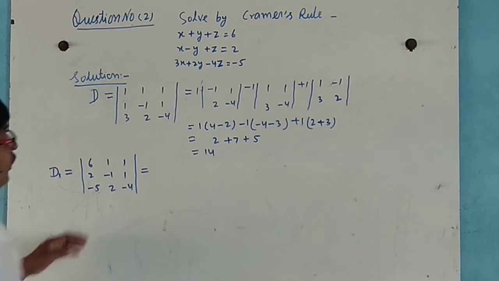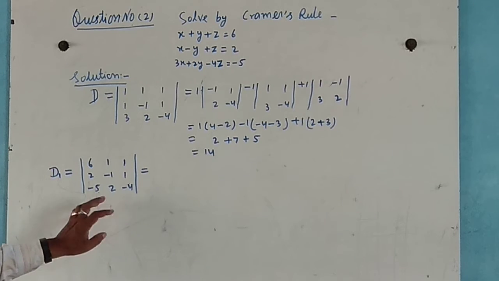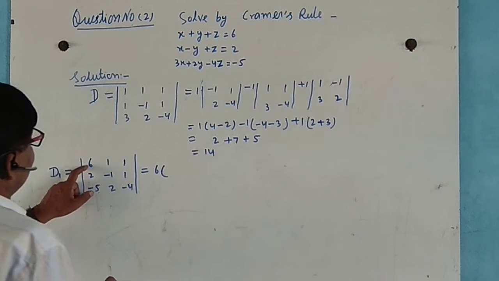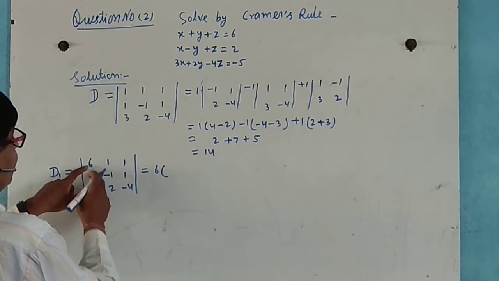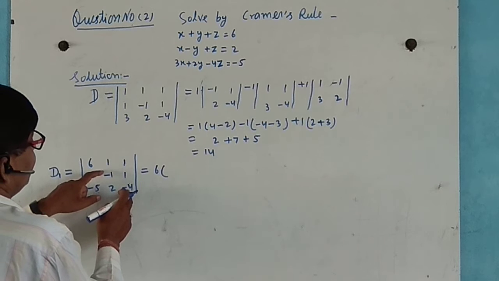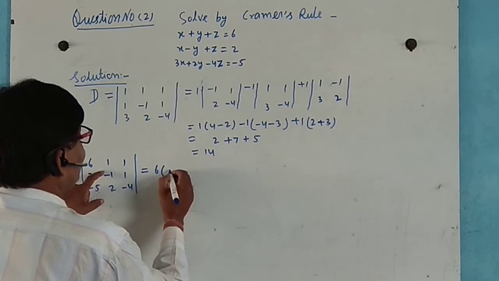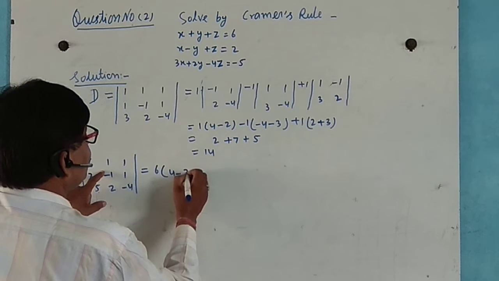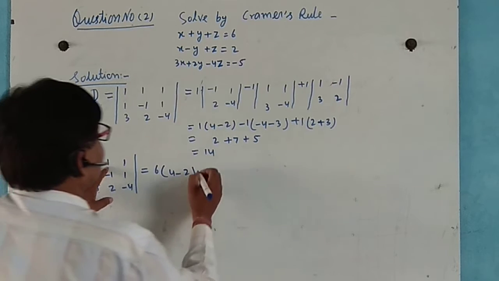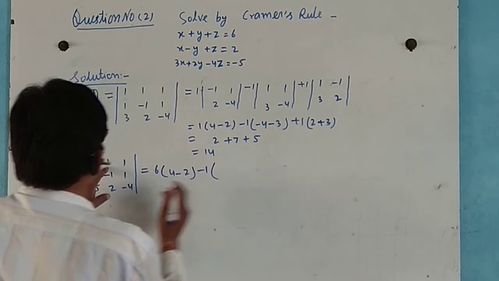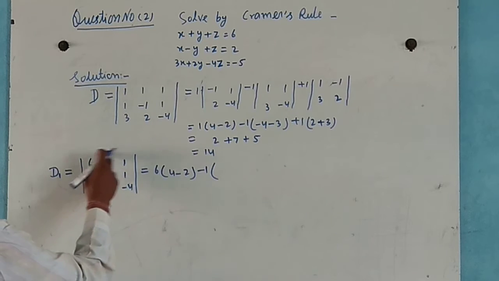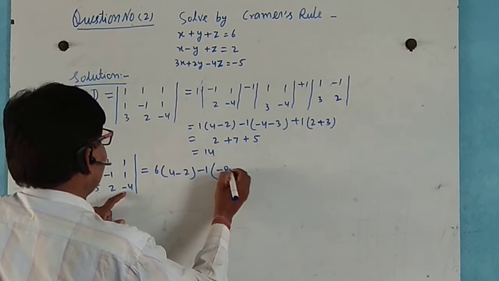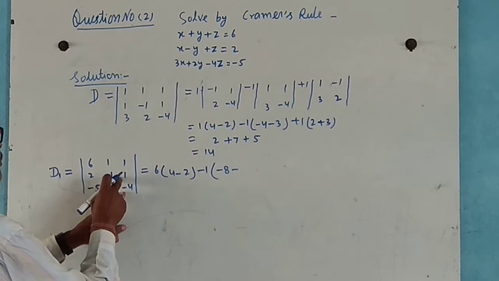Now if you take 6, deleting its row and column, the minor is 4 minus 2. Then minus 1 deleting its row and column gives 4 times 2 is 8, minus 8, and minus 5 times 1 is 5.